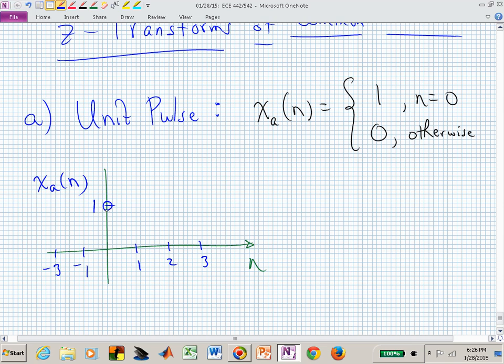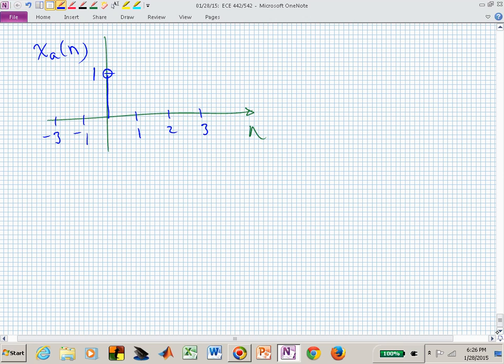That's it, isn't it? It's just 1 at time n equals 0, and it's 0 everywhere else. It's just a bump. It's a unit pulse, and it happens right at time n equals 0. We want to know, what does this look like in the frequency domain? What's the z transform of this time domain waveform?